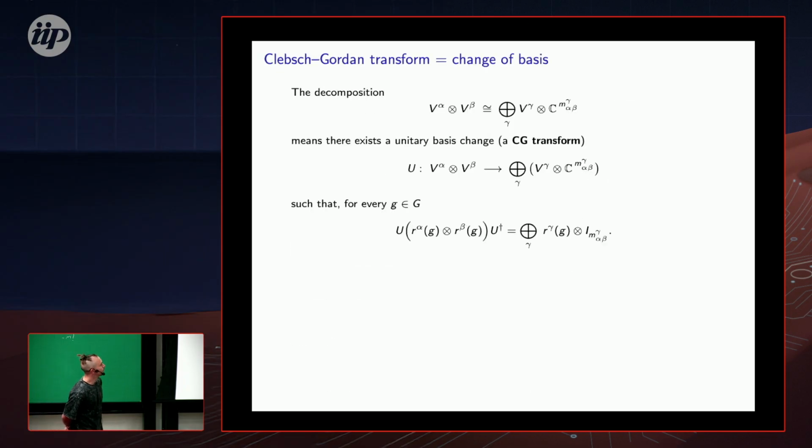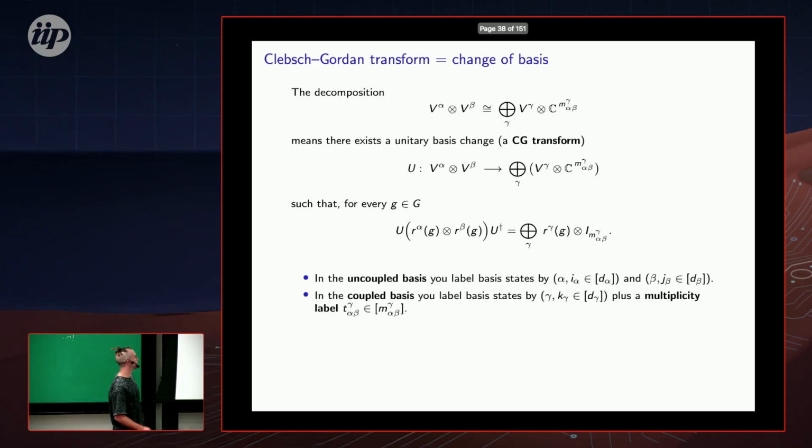Yes. So besides the multiplicities, you may ask, what is the Fourier transform that takes me to the explicit block diagonal form? It has a name called the Clebsch-Gordan transform. Explicitly, here is this unitary that maps, when I take two irreps, the uncoupled basis, labeled by alpha and beta, with an index i alpha and j beta for the basis elements on each of the irreps.